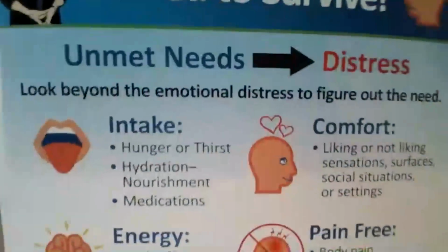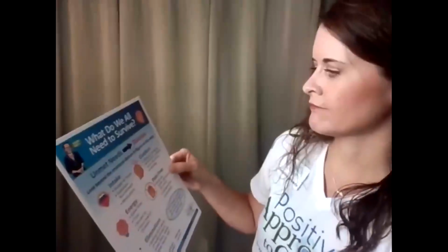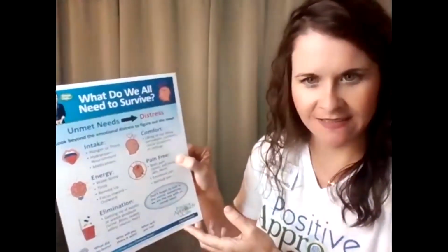So what might I be wanting to check out? Okay, let me show you. Let's go over to comfort. What's it say under comfort? Liking or not liking sensations, surfaces, social situations, or settings.